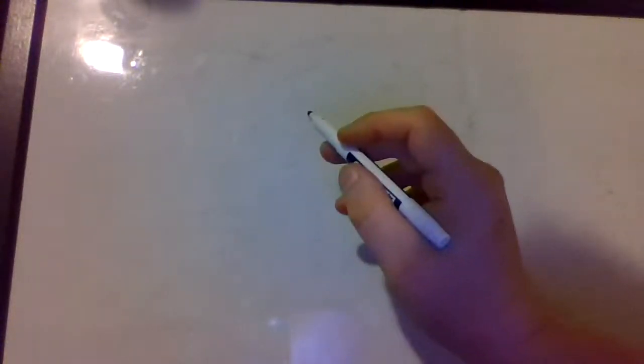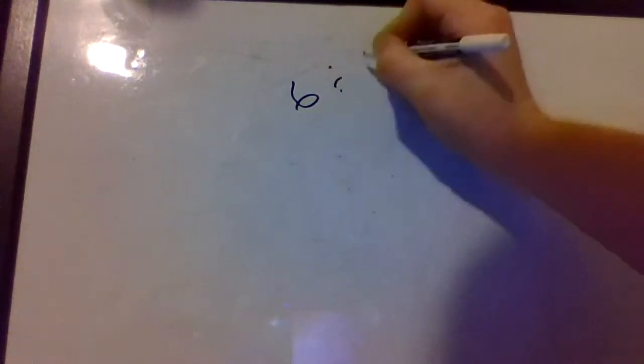Okay, so let's do one more special circumstance, this time using the first fraction instead of the second fraction. So we've got 6 divided by 2 over 3. Okay, one step at a time.